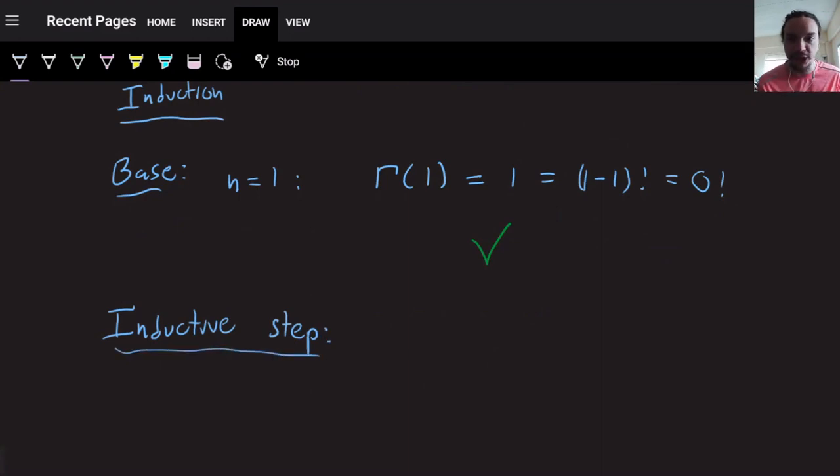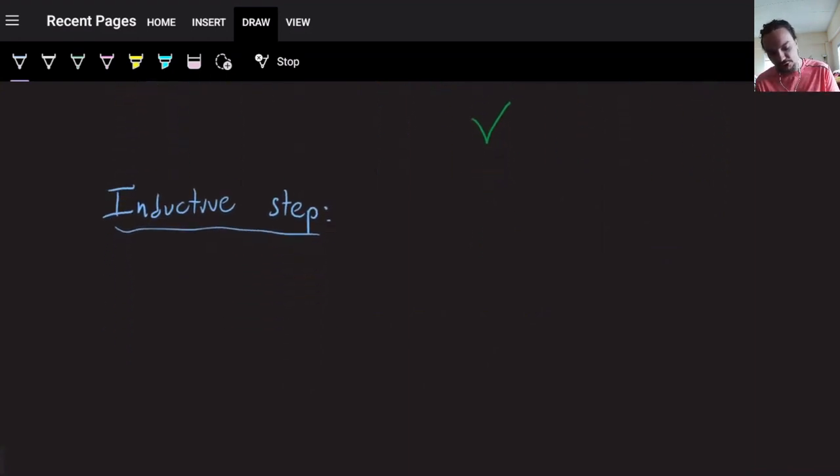So what does inductive step mean? It means we assume that it held at level n, and then we prove that it holds at level n plus 1. And as long as we do that, we can go from n equals 1 to n equals 2, 2 to 3, 3 to 4, and so on and so forth. Okay. So let's do this.